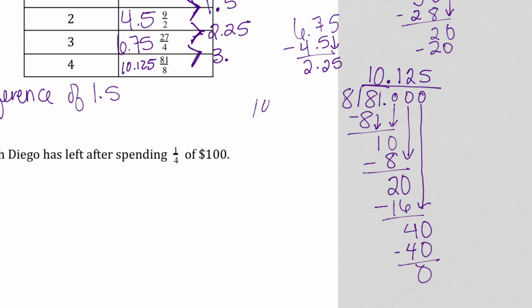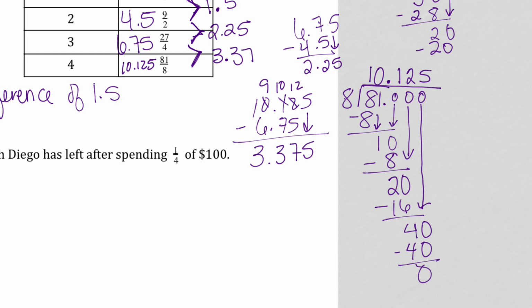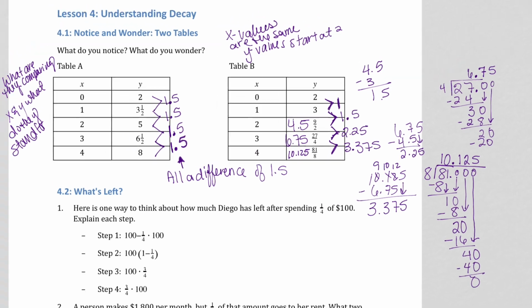Let's just do it really quick. 10.125 minus 6.75. Drop down that 5. That's 3.375.